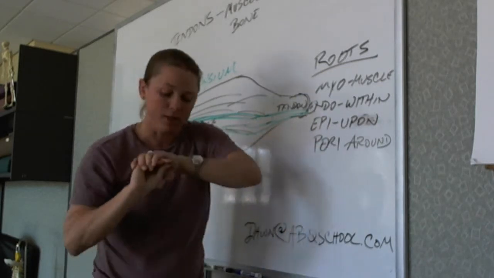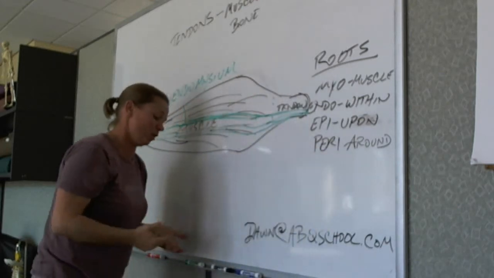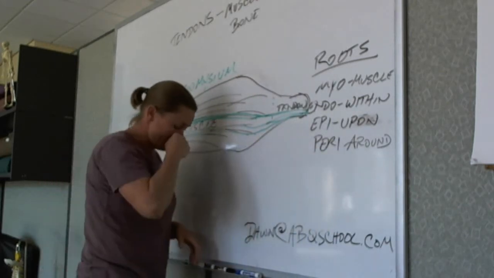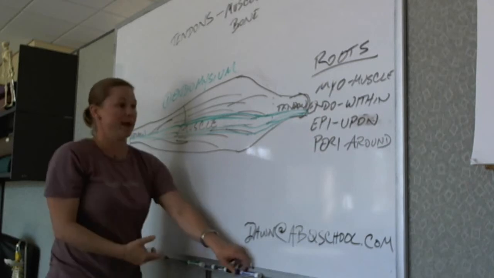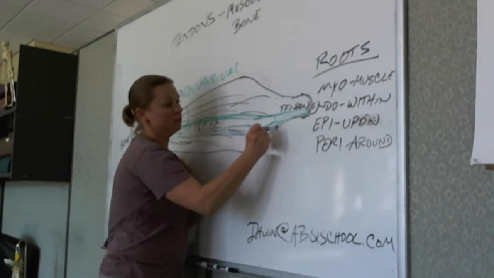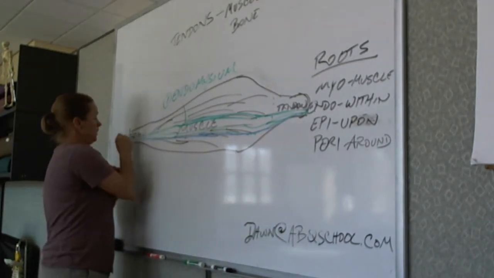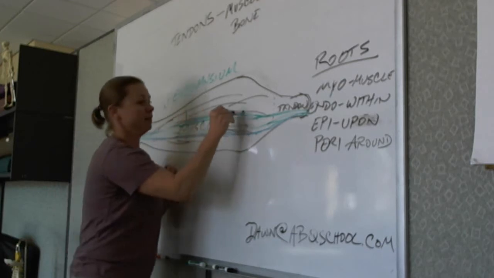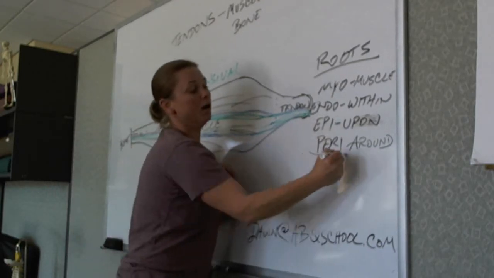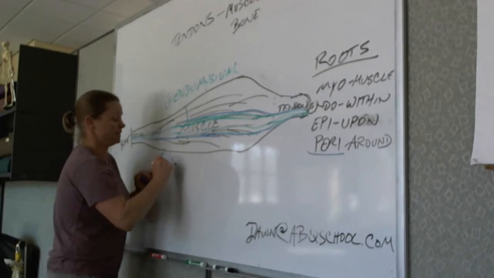we actually have little bundles of fibers called fascicles, and those fascicles are wrapped in, let's do blue, each fascicle or bundle is wrapped in this blue one here. That's the perimysium.